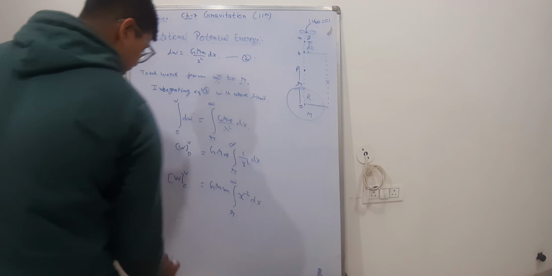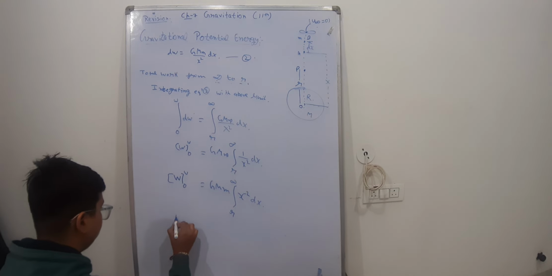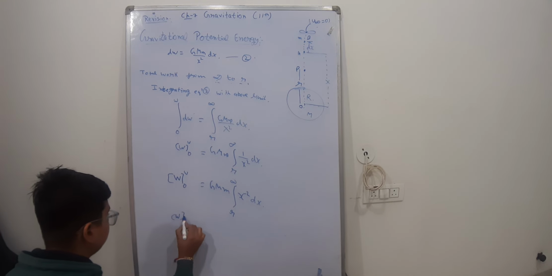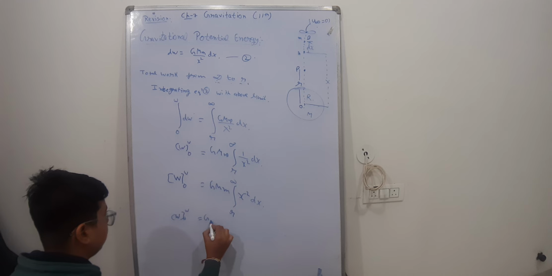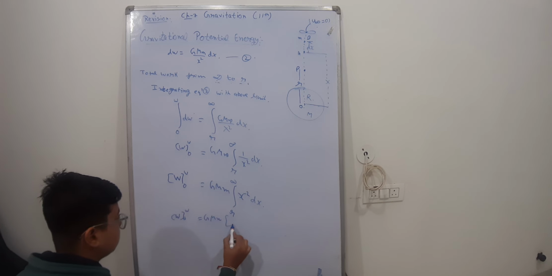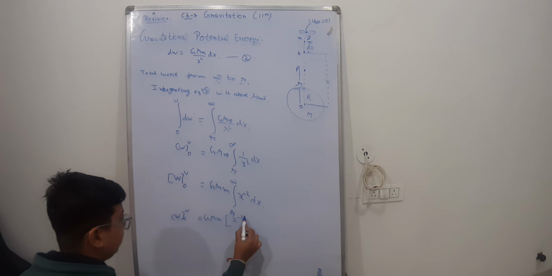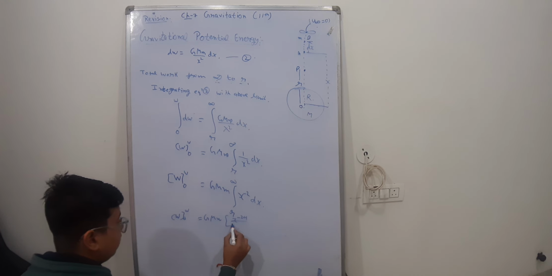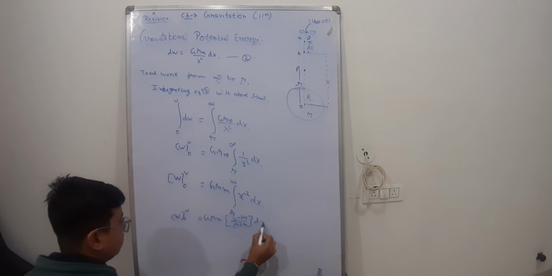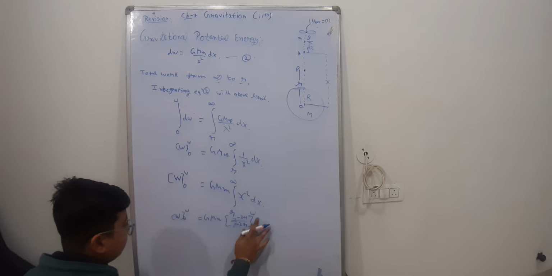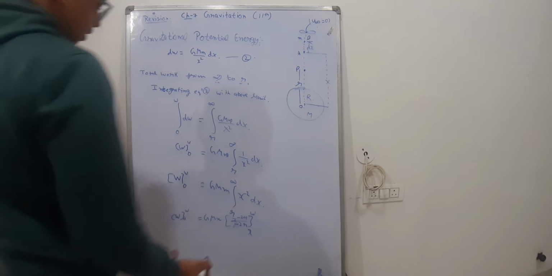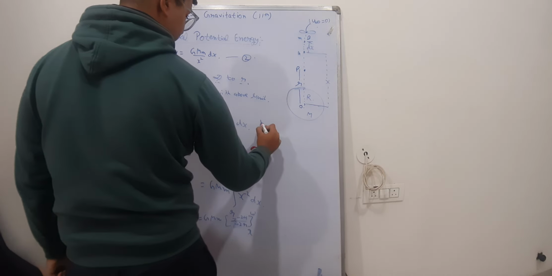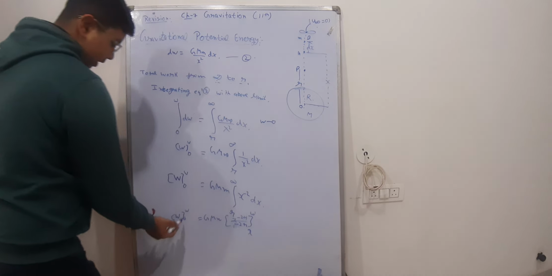So here W from 0 to W is equal to G M m times x to the power minus 2 plus 1 divided by minus 2 plus 1, with limits r to infinity. We take upper limit minus lower limit.